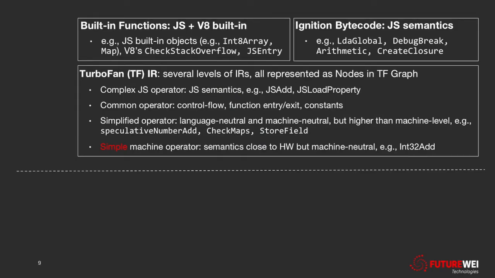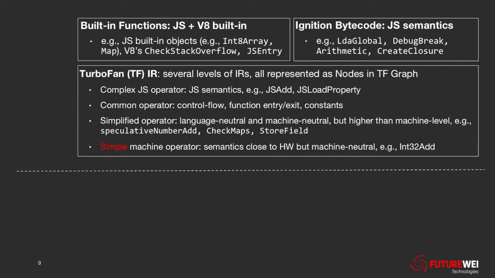Before I explain how we develop a real RISC-V backend, let me first explain how the abstraction levels of the compiler work. As in any compiler, the intermediate representation is the centerpiece of the compiler abstraction level. In this case, the TurboFan IR, which is shown in the middle of the picture, is where most of the compiler transformation and optimizations are happening.